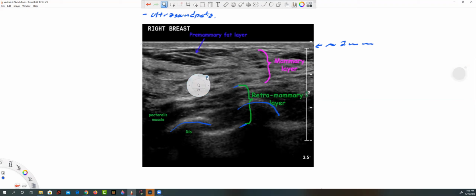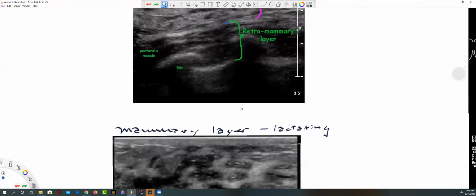So retromammary technically should just be the little fatty layer back here, and then the pectoral muscles are their own thing. But this patient basically doesn't even have a retromammary layer. There's really no fat behind the breast at all, or behind the glandular tissue at all.